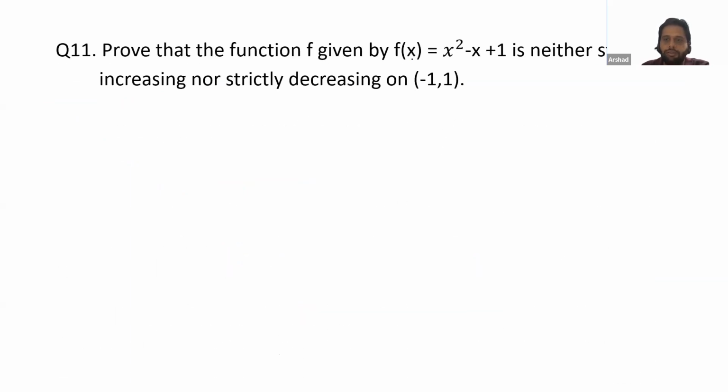So we are going to start the next question. Today we have to start maxima and minima, and hopefully next week we will complete this first part and we will start integration. Now the question is: prove that the function given by this is neither strictly increasing nor strictly decreasing on this interval.